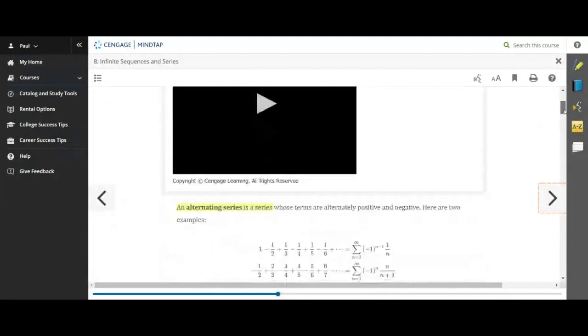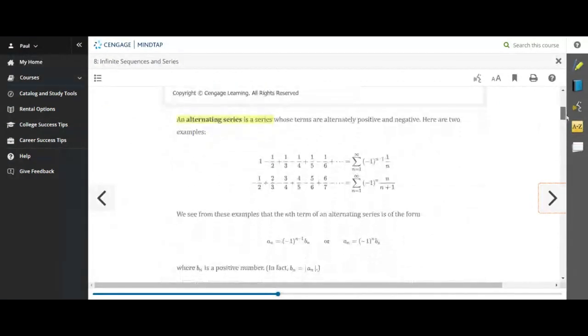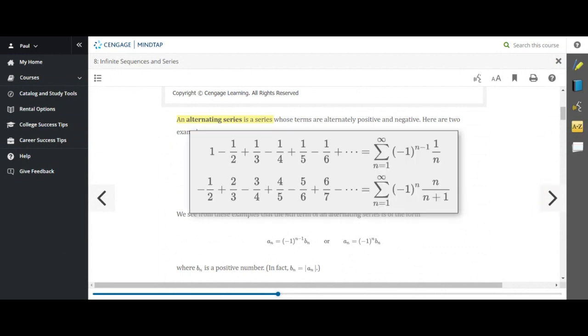So the first thing that you need to recognize is an alternating series. An alternating series is a series whose terms are alternately positive and negative. And below, they give you two examples of an alternating series. Take a look at those. I think it's pretty clear.